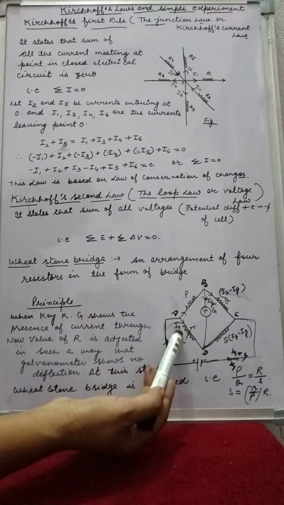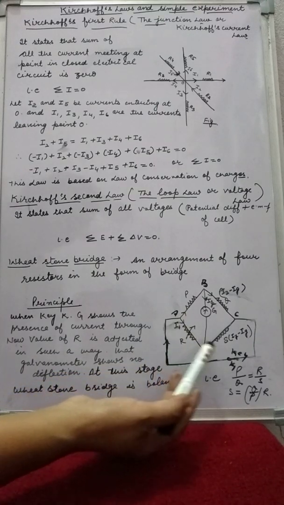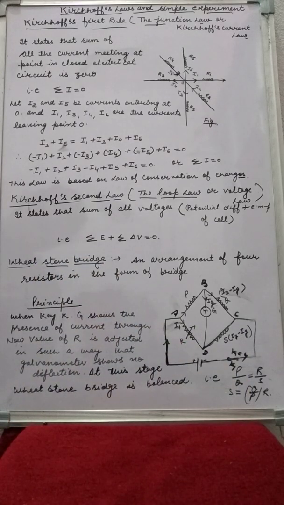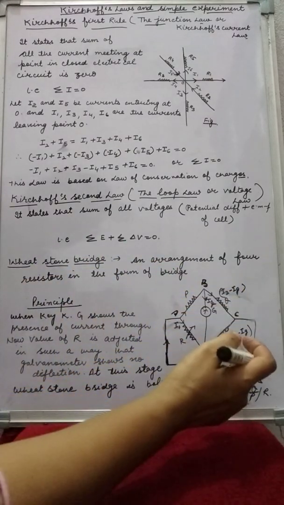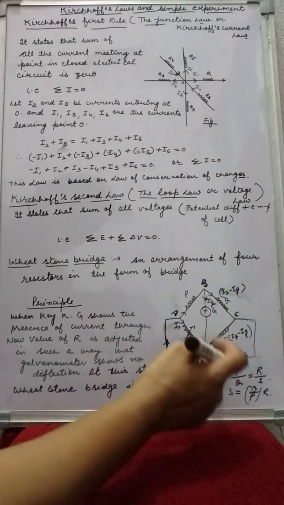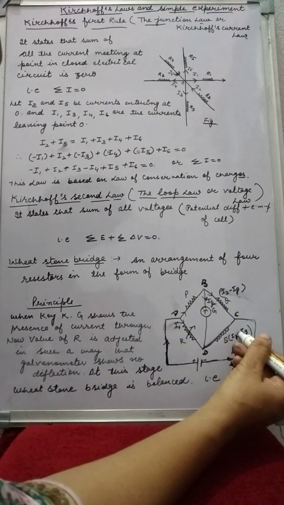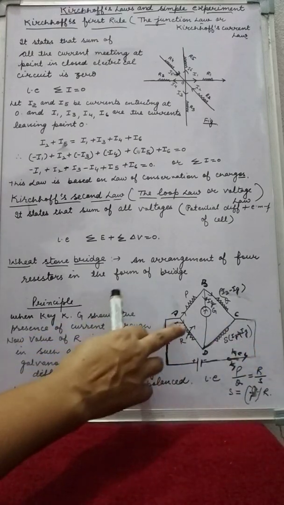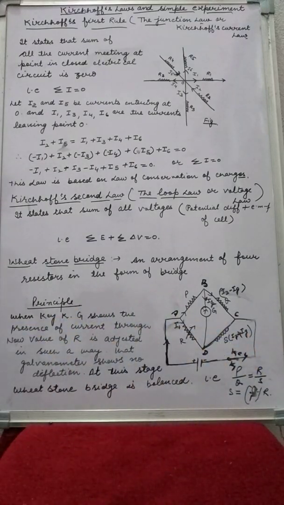Now I1 is the current flowing through this arm, and the current flowing through this is I1 plus Ig. So now what is the principle?